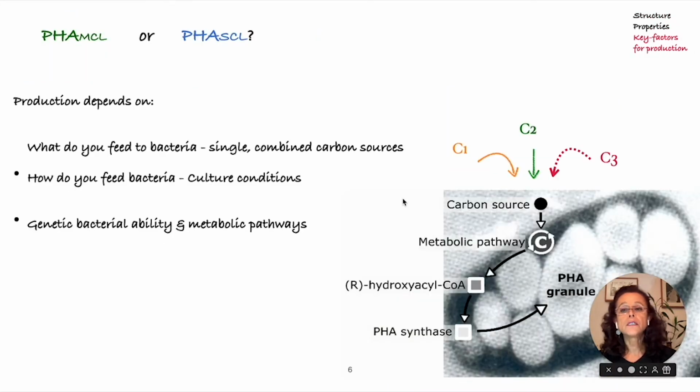And this ability to accumulate short or medium chain length depends highly on what you feed to bacteria, single or combined carbon sources. How do you feed bacteria? What are the culture conditions that you are applying to your cultivation? And of course, the genetic bacterial ability and metabolic pathways that give the appropriate intermediate to the PHA synthase, which is the enzyme that polymerizes the monomers into the PHA.